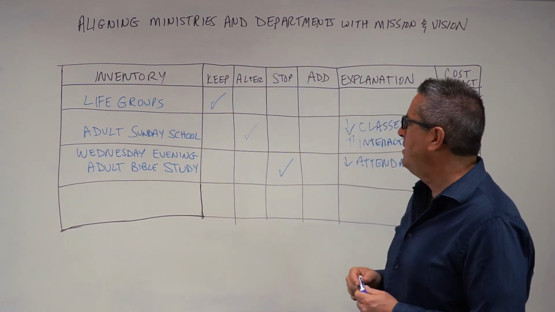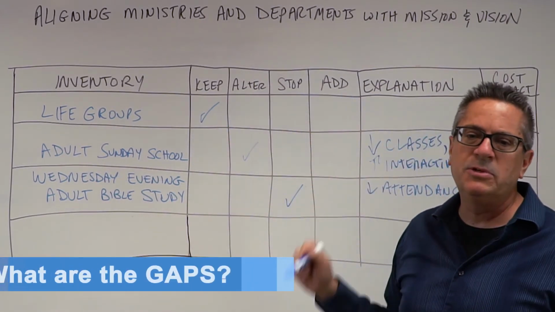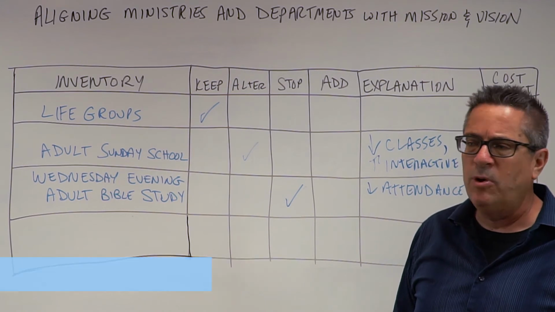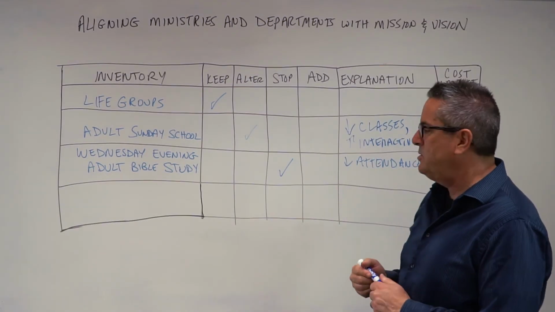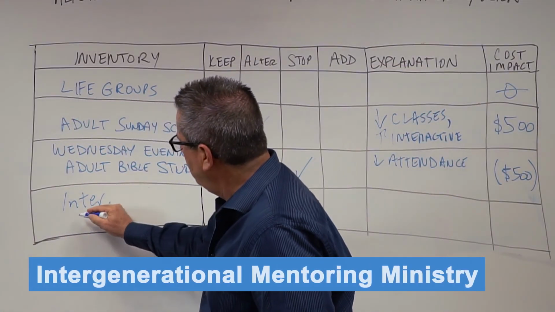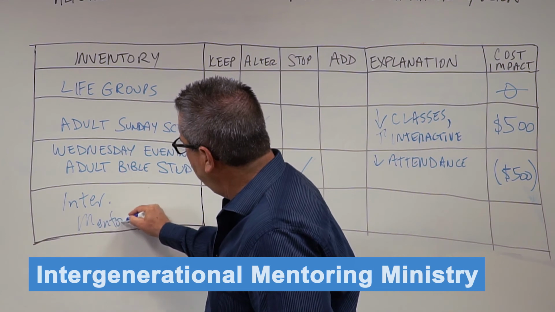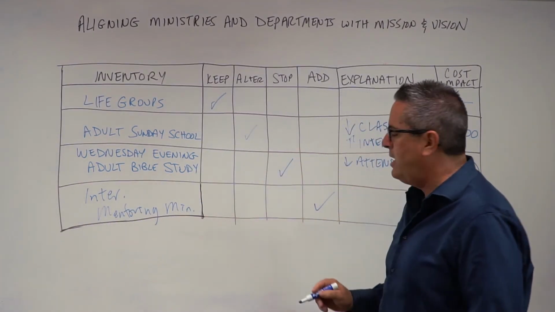And then finally, after we go through what we've inventoried, we want to think about what are those gaps where we might need to add something. And so this imaginary church believes that it's time to do an intergenerational mentoring ministry. They want to add that.